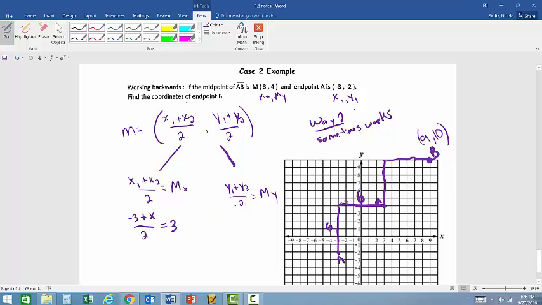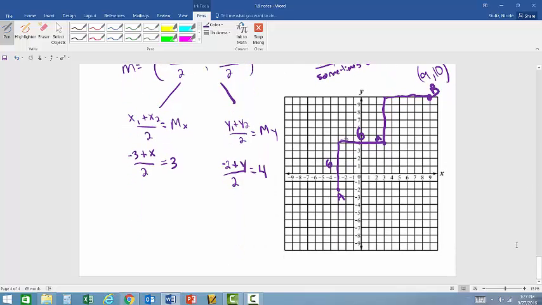I'm going to do the same thing on the other side. So y1 is -2, but I don't know what y2 is, and I know that the midpoint of the y's is 4. And then we just have to go through and solve that and see what we get.